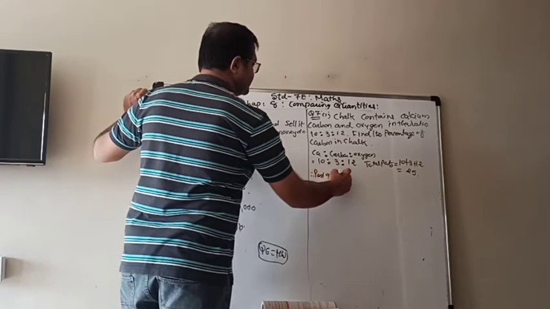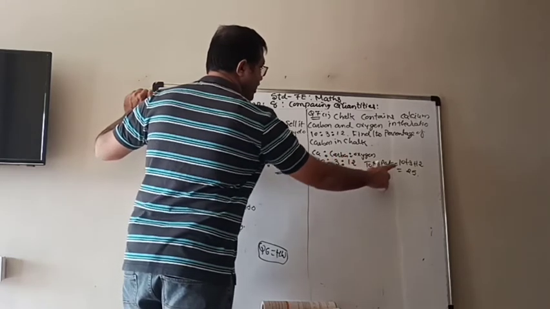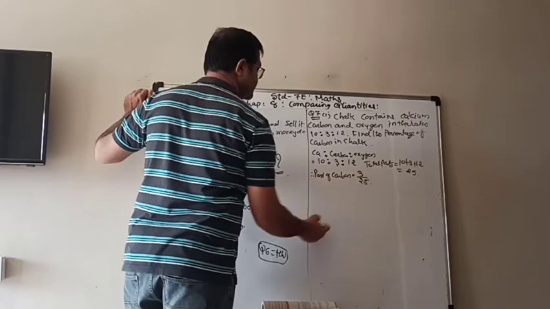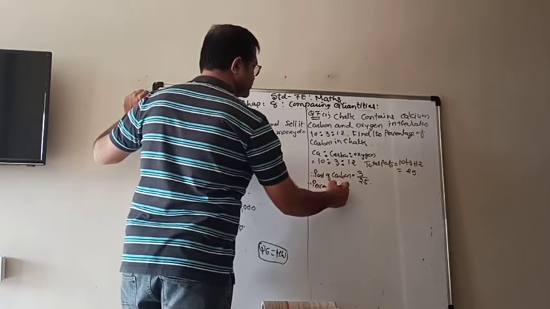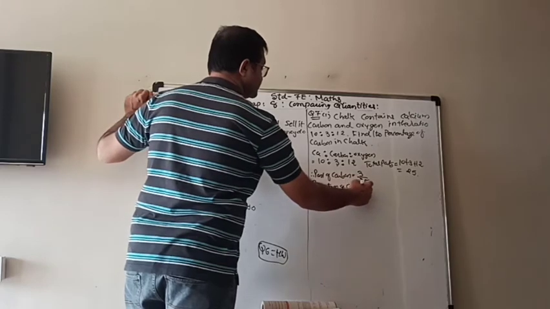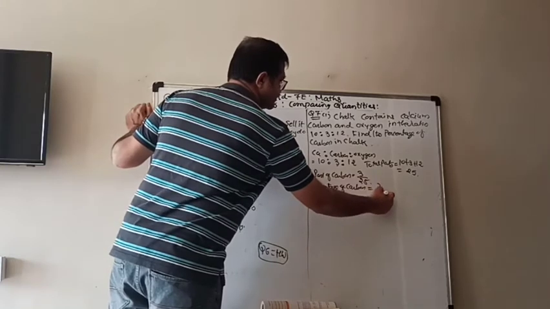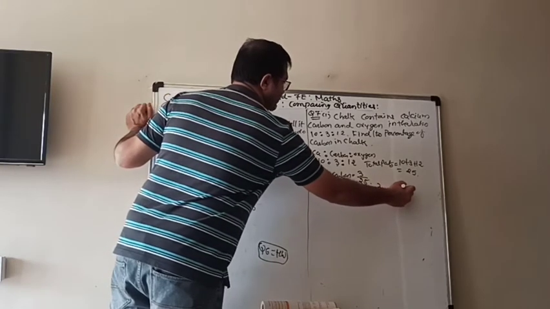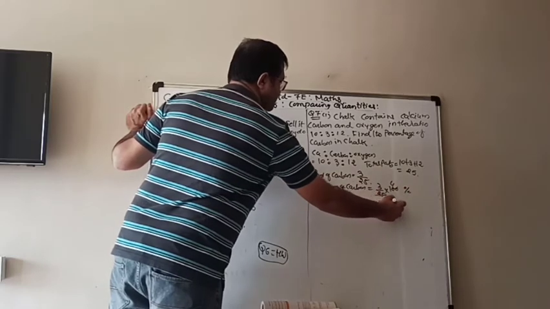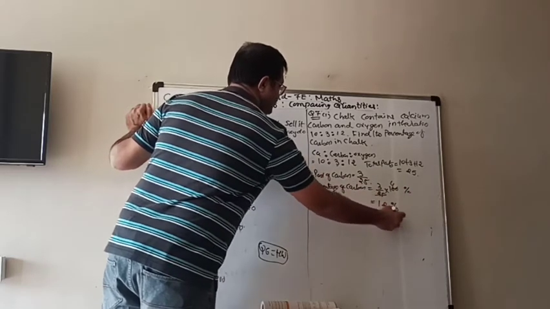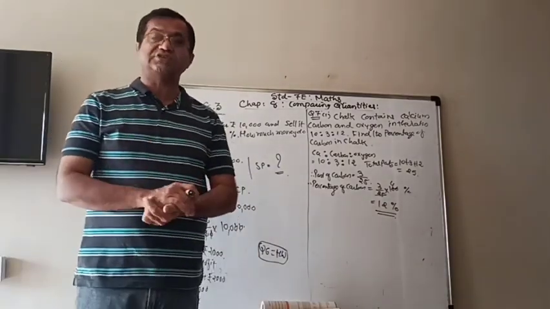You can see the carbon is 3 out of 25. Therefore, percentage of carbon is equal to 3 upon 25 into 100%. 25 fours are 100, so 3 fours are 12%. So there is 12% carbon in that chalk stick.